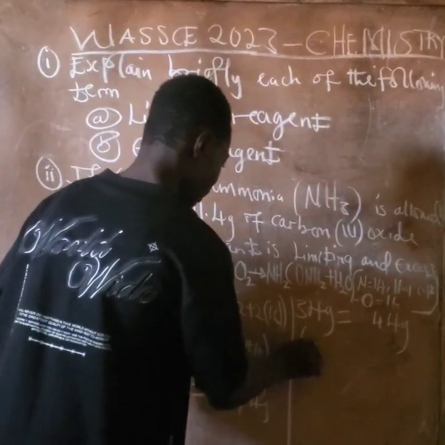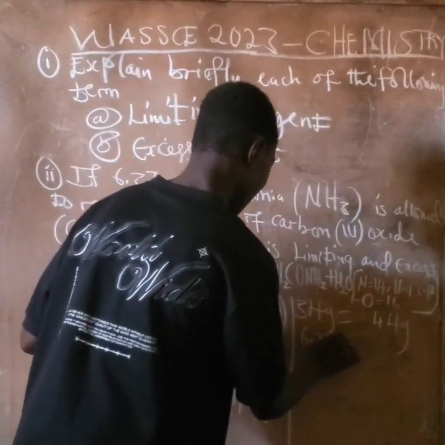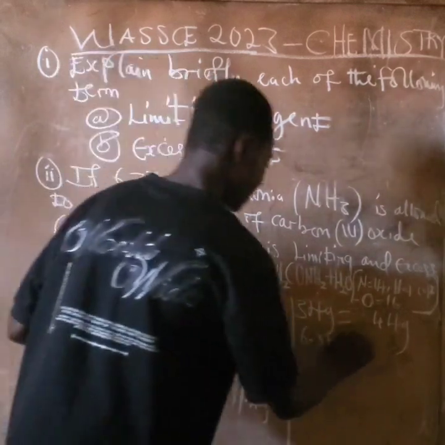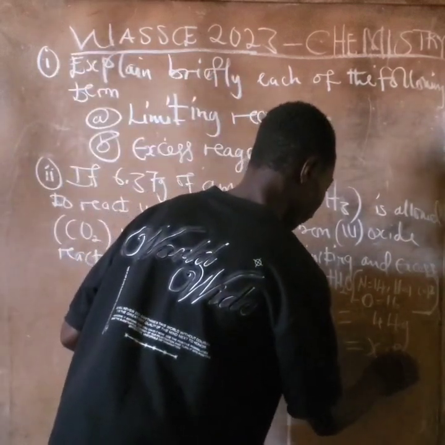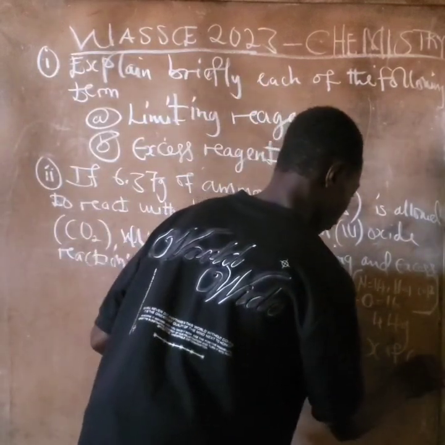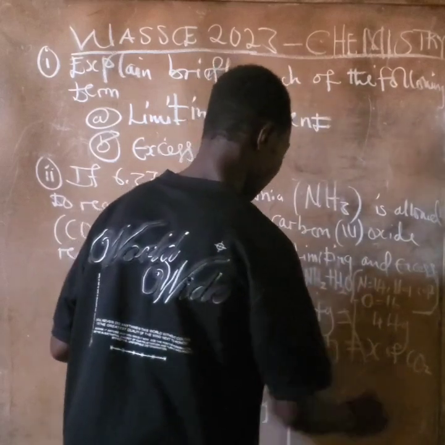Next up, 6.37 grams of ammonia gives me X grams of carbon dioxide. We cross multiply.